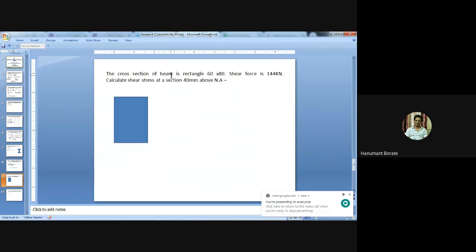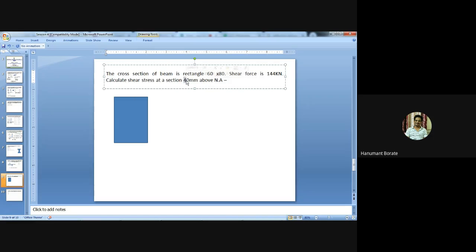Now next question: the cross section of a beam is a rectangle 60 by 80, the value of shear force is 144 kilonewton, and we need to find out the shear stress at a section 20 mm below the neutral axis.